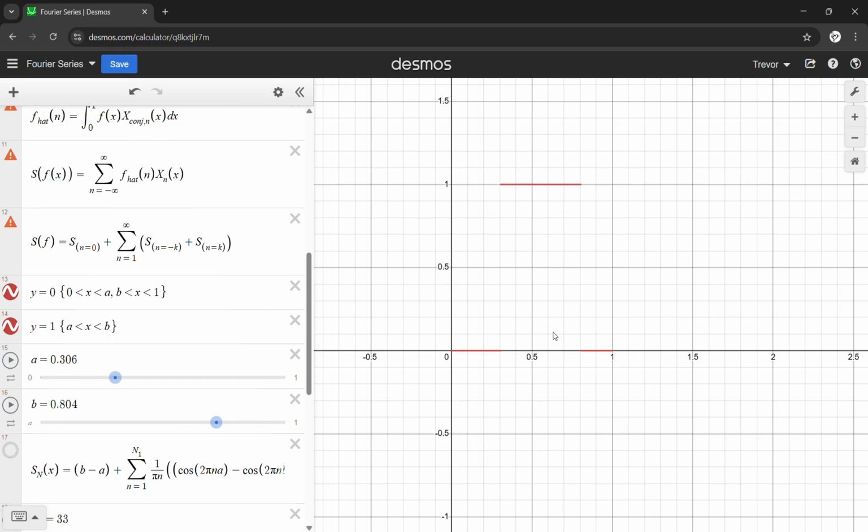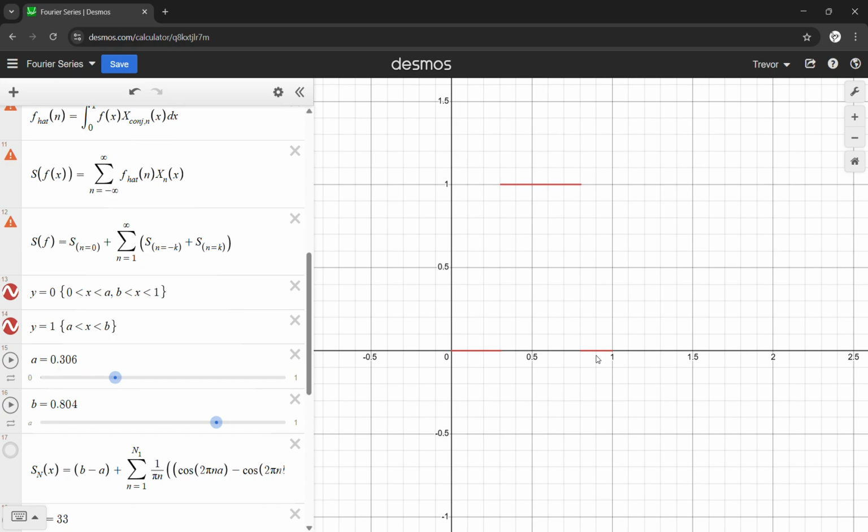Our function essentially says if our x is inside that interval, then the value is 1. That's up here. X is inside a to b. If x is outside a to b, so down here and down here, the value is 0.